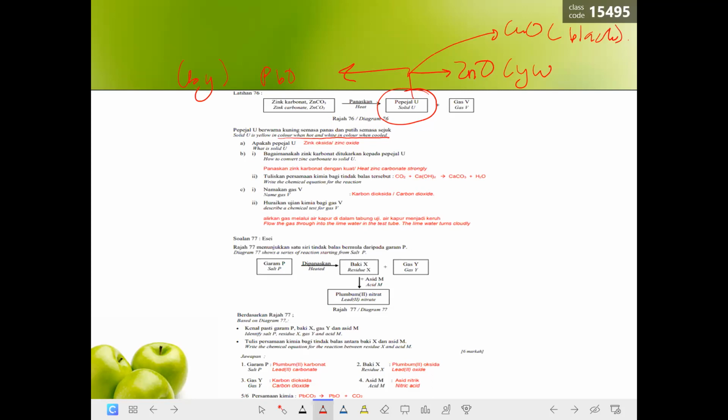Okay. Now, how can I convert zinc carbonate to zinc oxide? I will heat up the zinc carbonate strongly. I told you this yesterday. When teacher heats up zinc carbonate, who's going to tell me what I get?